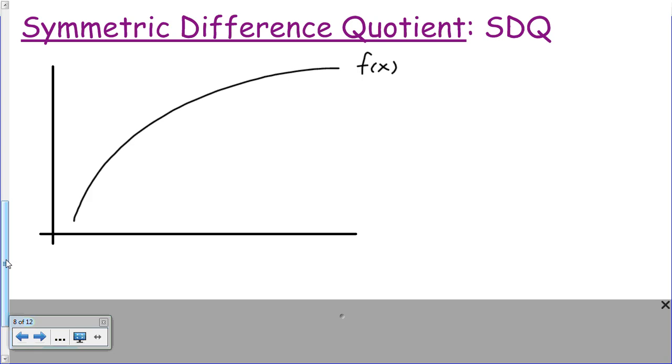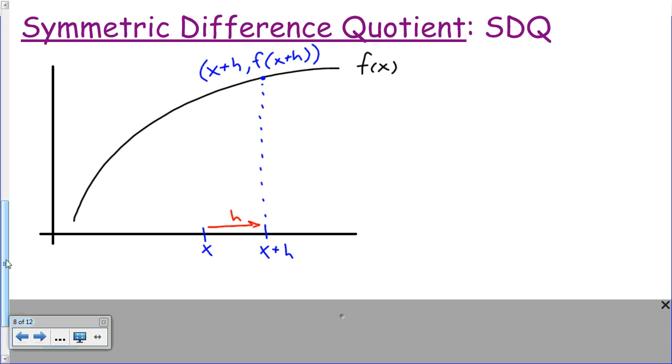What I'm going to do this time is pick some point x here, like I've done before, but because it's a symmetric difference quotient, I'm going to move forward from x some distance h, and that will give us this point right here. We'll call it x plus h. And of course I can name that point up here on my curve as x plus h, f of x plus h.